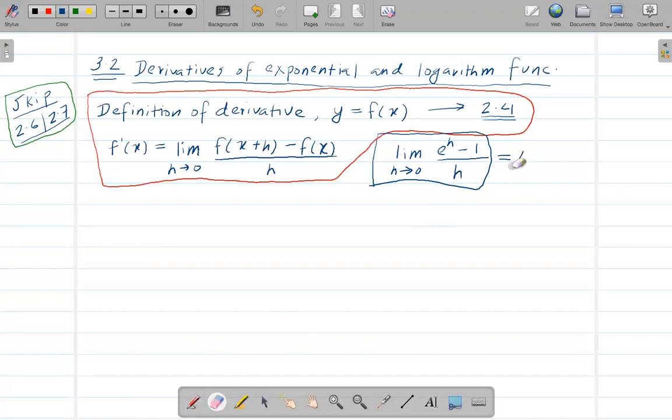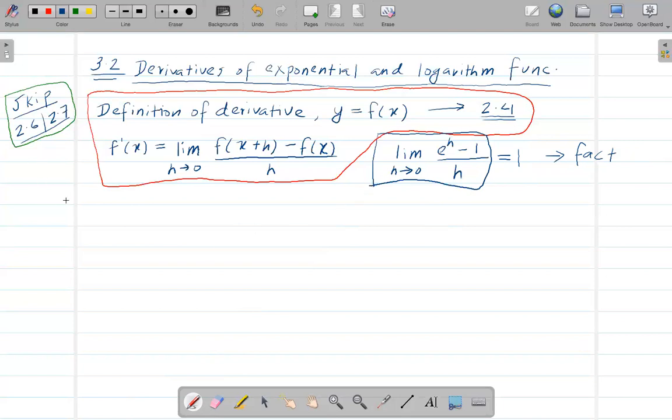Let me just write 1. You can take this as a fact or formula or whatever you want to say. Let's take this as a fact, and we will be using it later on.